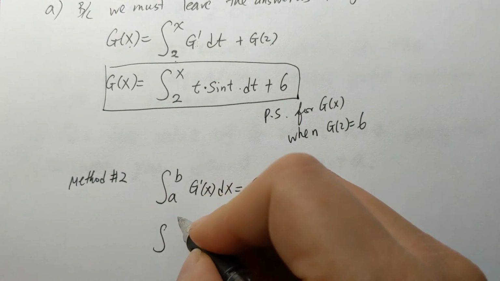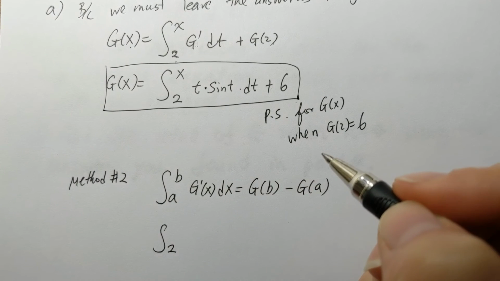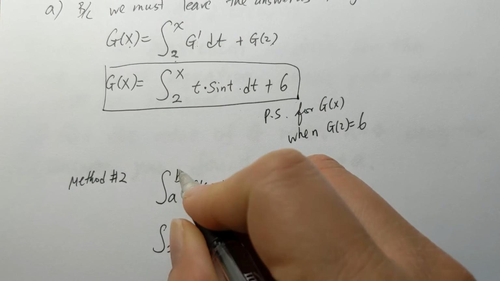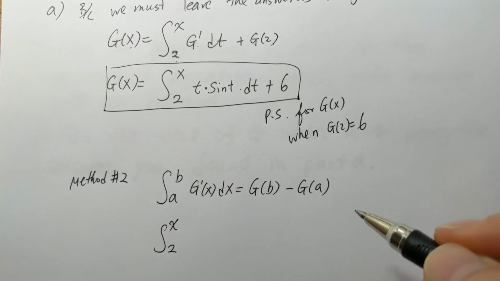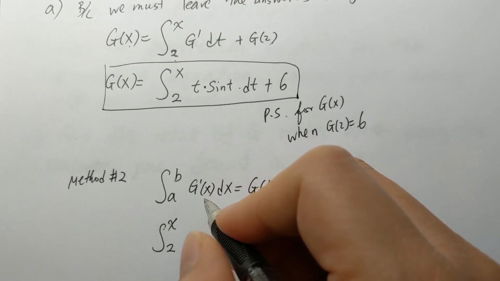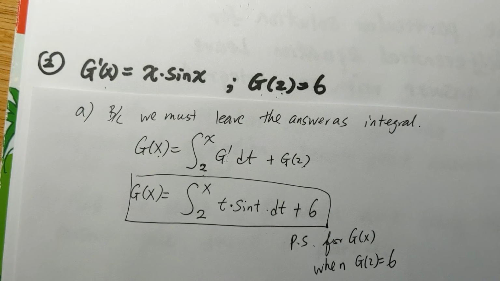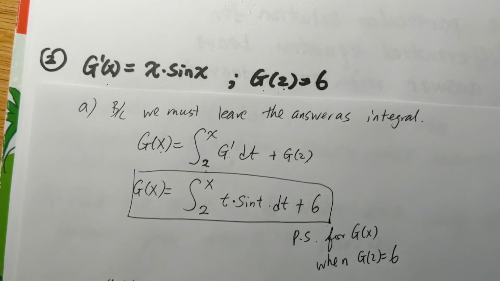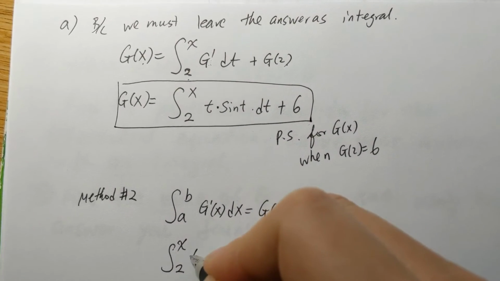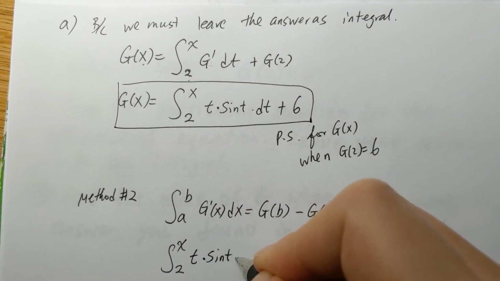So we do know a equals 2, and we do not know b, so we put x. And then g prime is going to be what we had before. Let's look at g prime. So we got x times sine x, so we're going to put t times sine t dt.